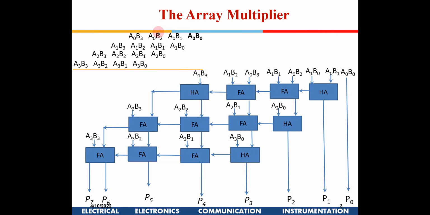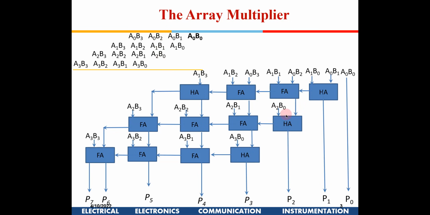In the next stage, if you see here, I have A0 B2, A1 B1, written here, and the carry which was coming from the previous stage, so one full adder. Then I also have A2 B0, which also needs to be added. Now I can use a half adder, because in this stage only one sum coming from the previous stage is there, and this is the additional one.